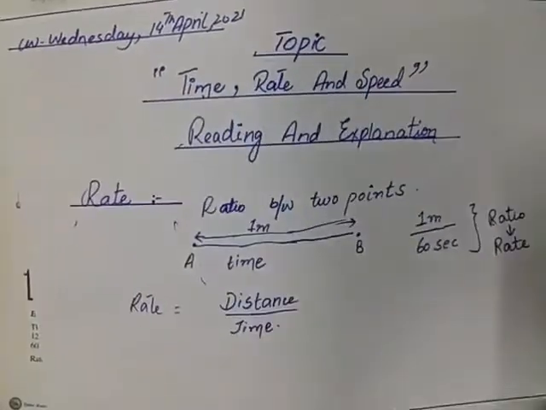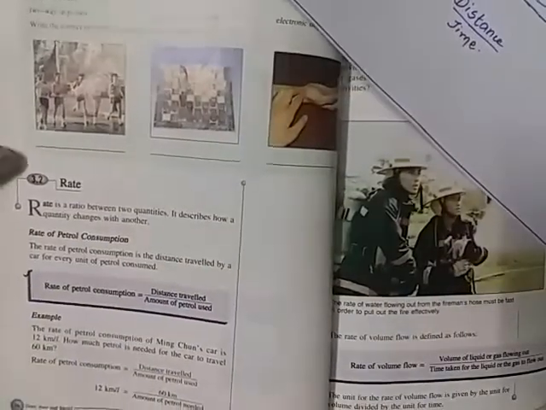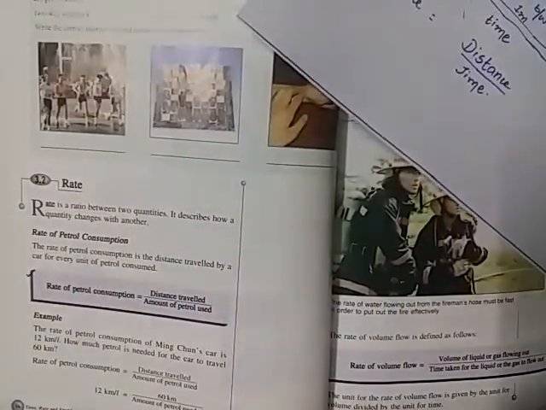Now open your book, students, page number 36. Now read this chapter. Rate is ratio between 2 points. It describes how one quantity changes with another. Rate of petrol consumption: how much petrol is consumed for traveling from one point to another point.